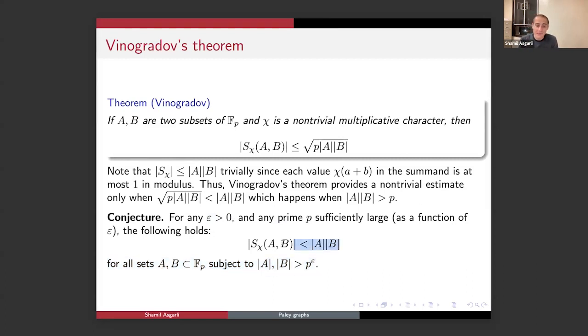So we're not claiming that this is true for all A and B. We're only claiming that it's true when A and B have size bounded below by p to the epsilon. So this is a conjecture, and resolving it would shed light on many of the problems on additive decompositions over finite fields.